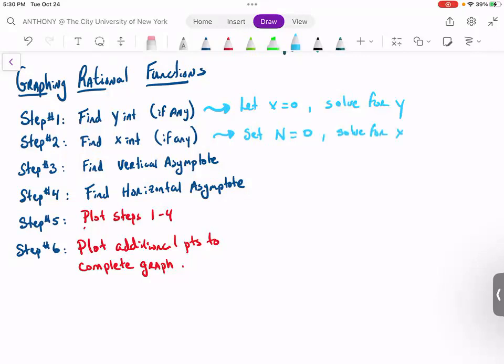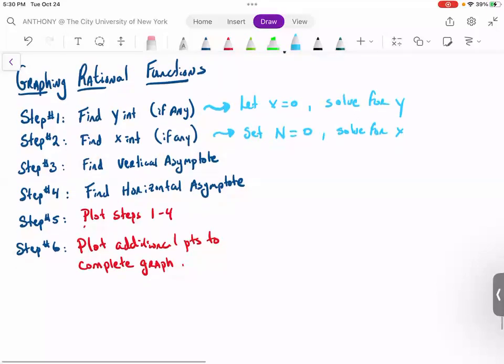The reason for this, just quickly showing you, is that if you have n over d equal to 0, and you want to solve for x, one of the things that you learned was to write 0 as 0 over 1 and cross multiply. So n times 1 is n, and d times 0 is 0. So that's why that's the shortcut. To find the x-intercept, all you got to do for a rational function is just set the numerator equal to 0 and solve for x.